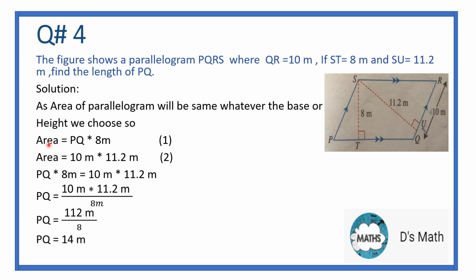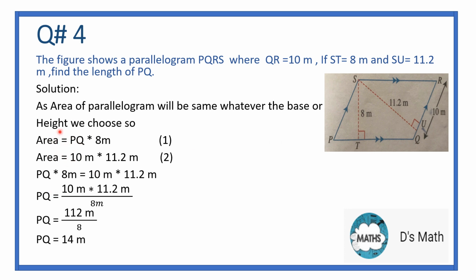So what I have done, I will first calculate the area by considering PQ as base against 8 meter height, and this will be the first equation. The second equation will be calculating the area by considering 10 meter base and 11.2 as height. And we know that in both the cases the value of the area will be the same.